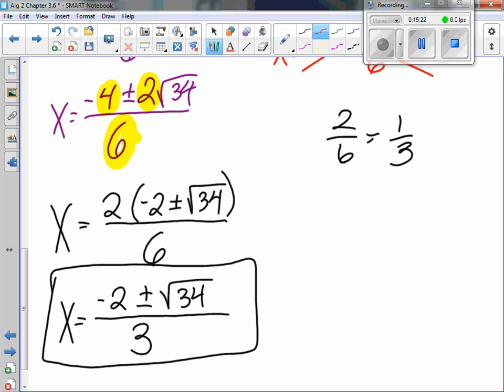If they don't, if this had been, let's say, 5 square root of 34, well, 5, 4, and 6 don't all have a common factor, do they? So we would leave it. It's only if all three of these have a greatest common factor between them that we would simplify it down. Otherwise, we would leave it as is. Questions on this here? We good with this here?